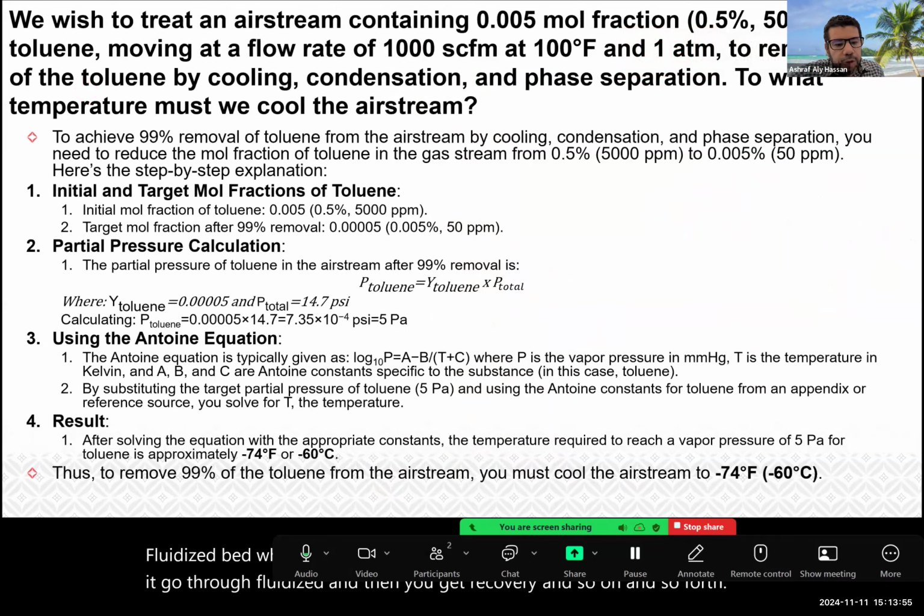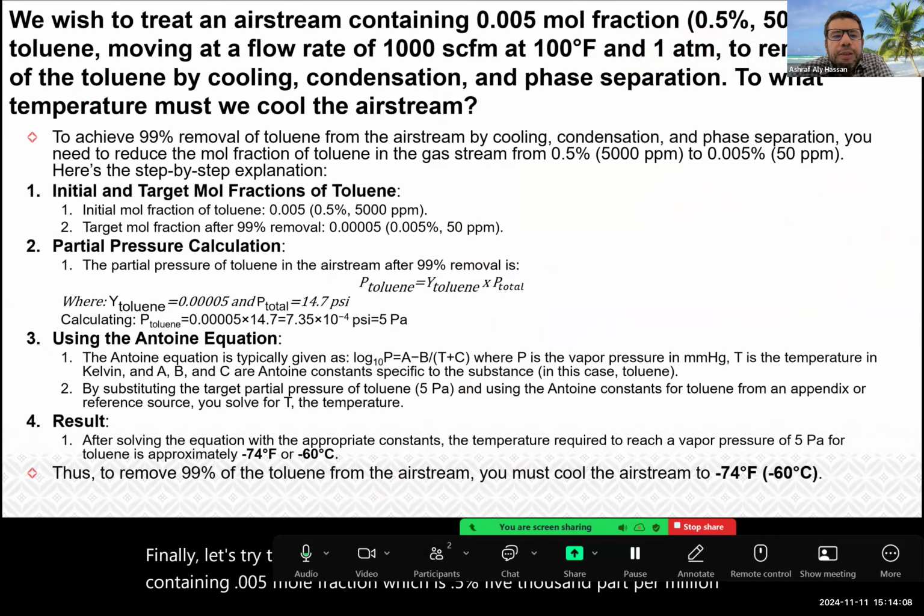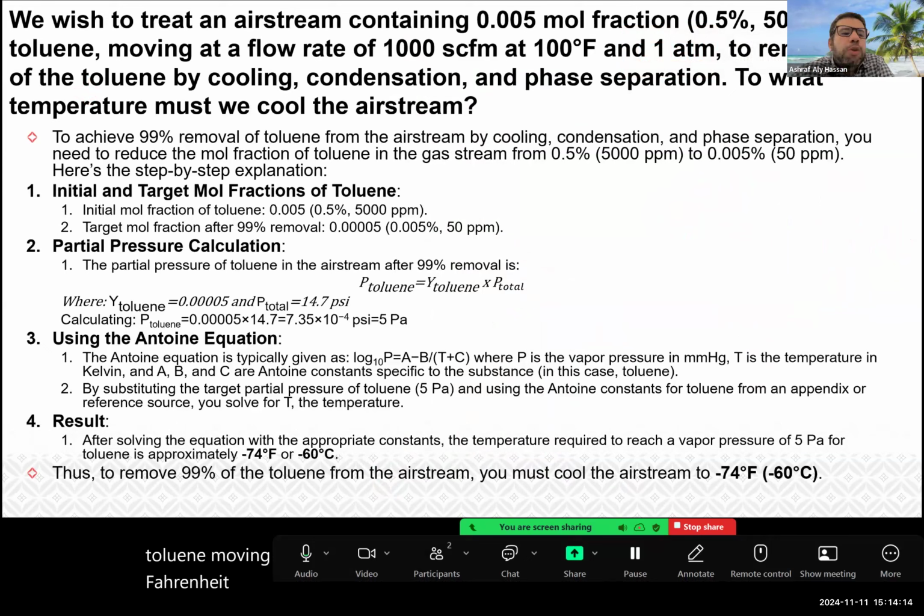Finally, let's try to solve one problem where we wish to treat an airstream containing 0.005 mole fraction, which is 0.5%, 5,000 parts per million toluene, moving at a flow rate of 1,000 standard cubic feet per minute at 100 Fahrenheit and 1 atmosphere, to remove 99% of toluene by cooling, condensation, and phase separation. To what temperature must we cool the airstream?